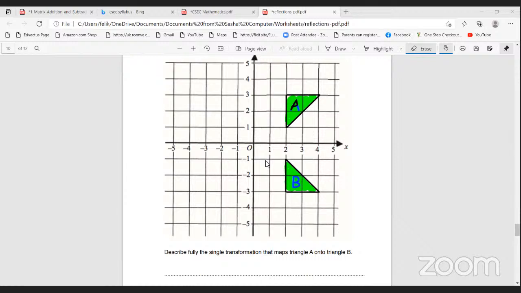Describe fully the single transformation that maps triangle A onto triangle B. All right, go ahead and describe it for me.